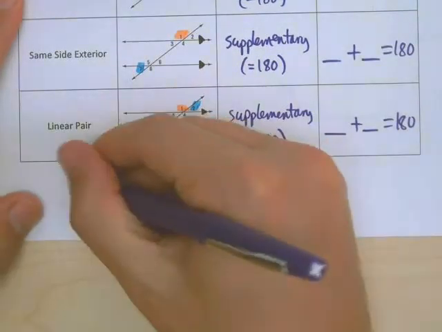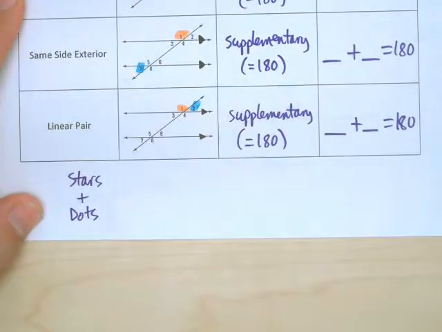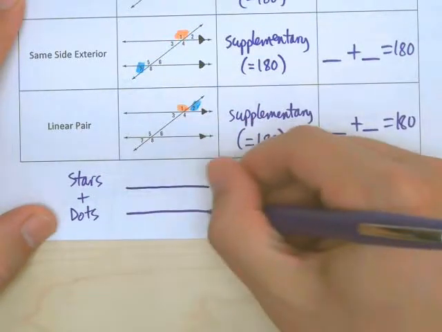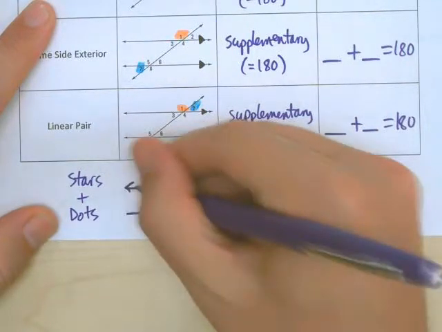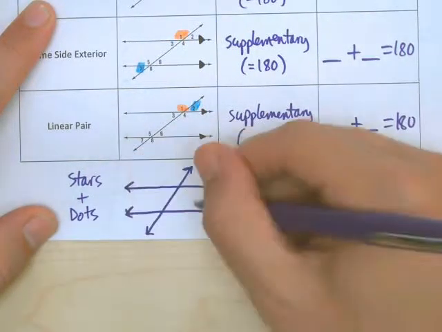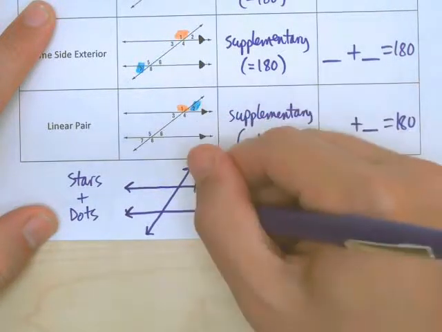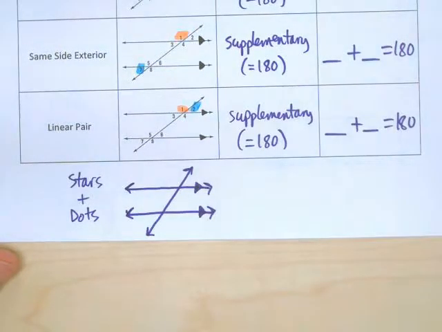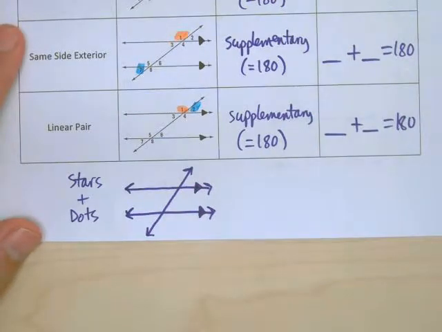We call it the stars and dots. So I'm going to draw a picture similar to what we saw down the example column. Instead of numbering the angles this time, I'm going to draw stars in some of them and dots in the others.